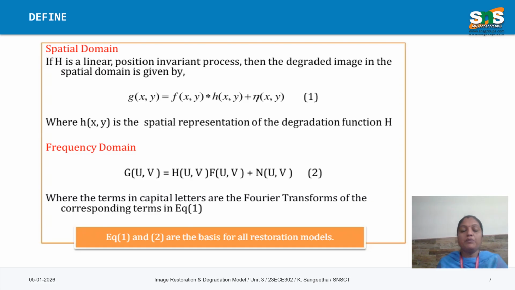The same equation can be written in the frequency domain as G of u comma v equals H of u comma v into F of u comma v plus N of u comma v. The terms in capital letters represent the Fourier transforms.